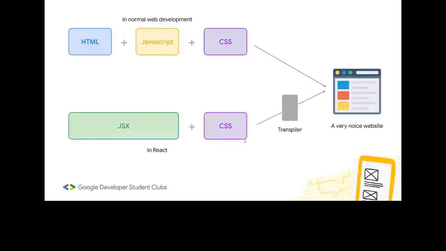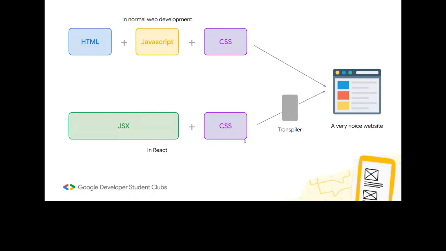So this is exactly how React works under the hood. You write JSX, you write CSS, then you combine both together, and then you simply give it to the transpiler. The transpiler will compile it back into HTML, CSS, and JavaScript. And once that's done, then you have your website done.